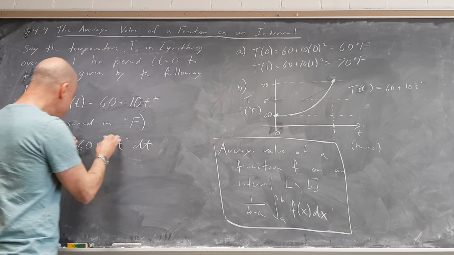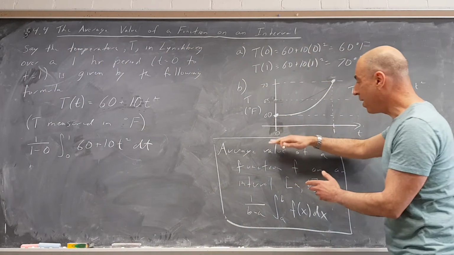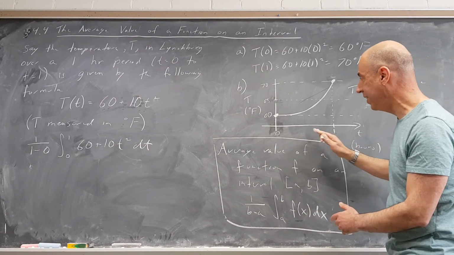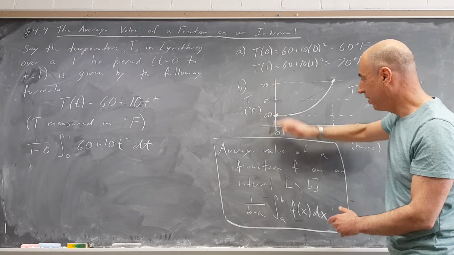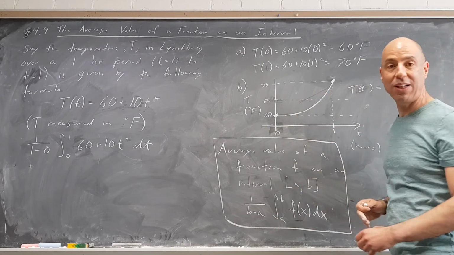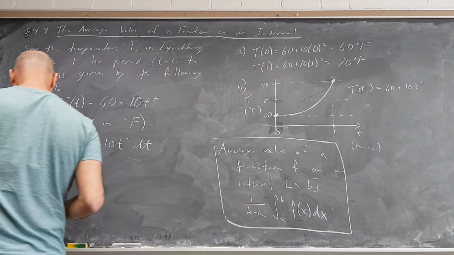And again, you can interpret this as the area underneath the curve above the horizontal axis, which is technically way down here. I drew it right here, but for 60, 70, you'd have to go all the way down to 0. So it's the area under that curve divided by the length of the interval. So let's go ahead and do this.